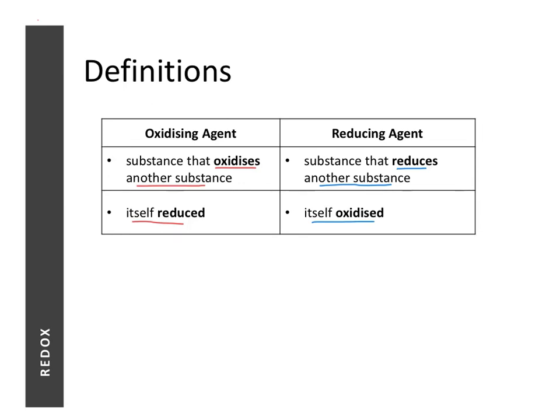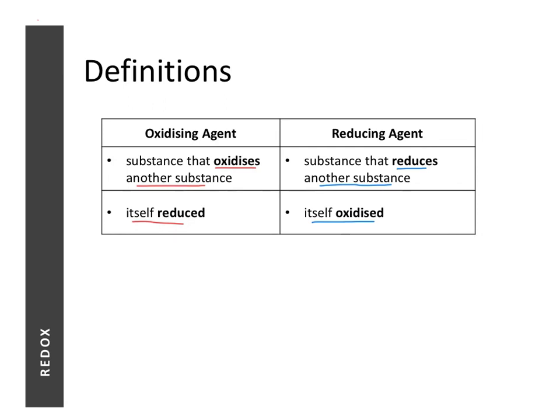Okay, so before we go on to look at elaborations on oxidizing and reducing agents, that is the one important thing that I want you all to remember. An oxidizing agent oxidizes another substance, itself is reduced, and a reducing agent reduces another substance, itself is oxidized.